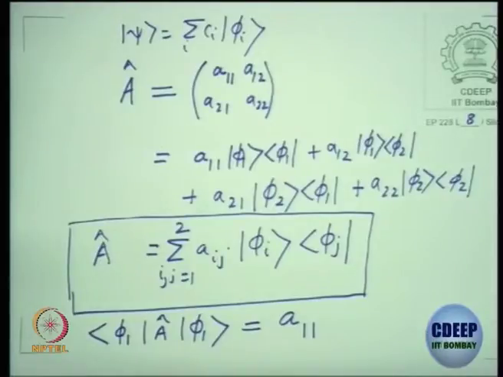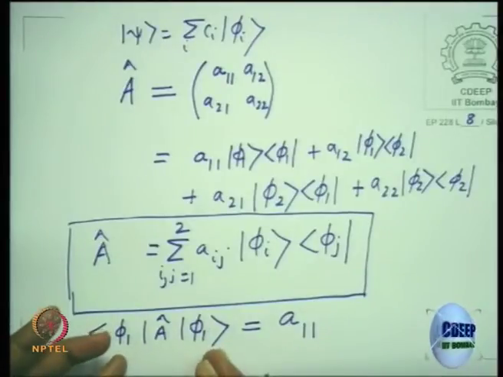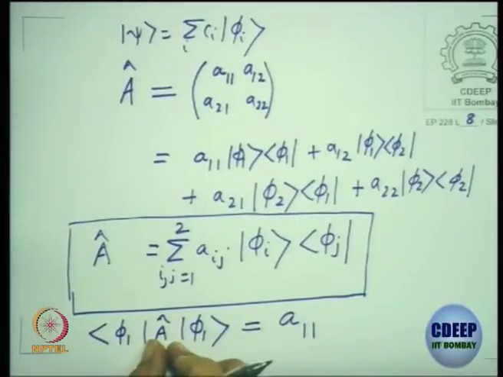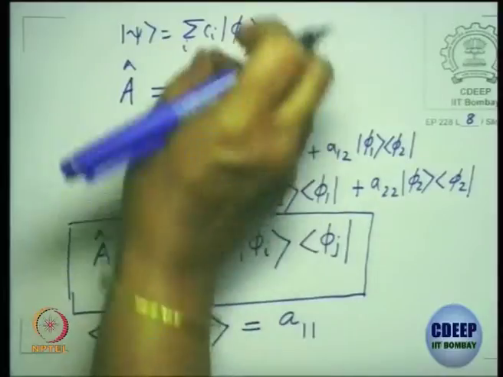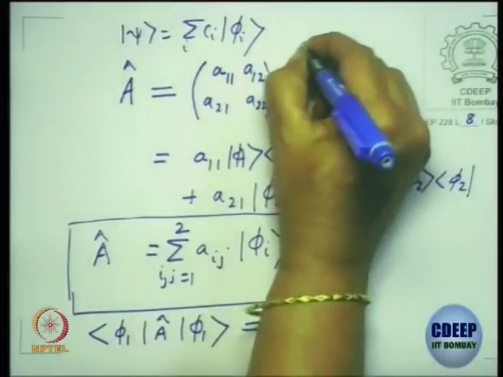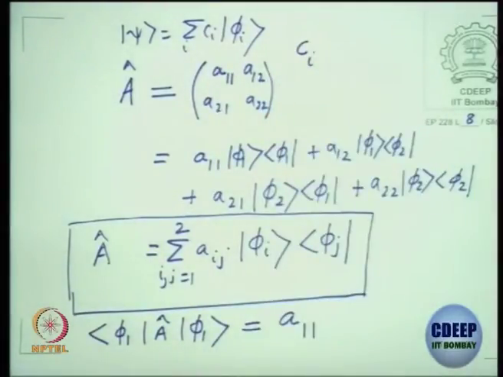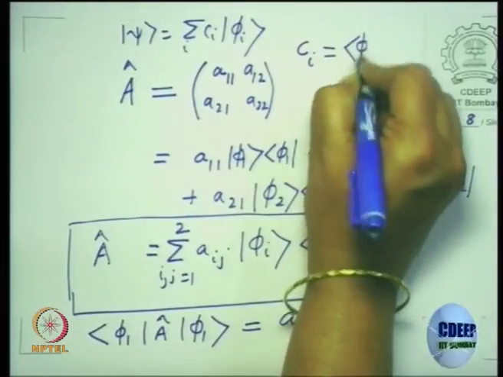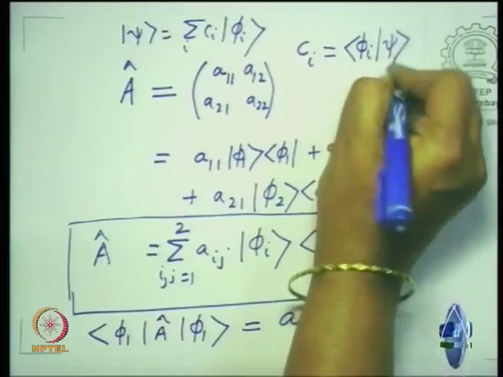Okay. So, what I have tried to present here is that if you have an abstract operator and abstract basis states, you can find the components of this abstract operator, just like Ci, when I wanted to find Ci, it was phi I with psi.